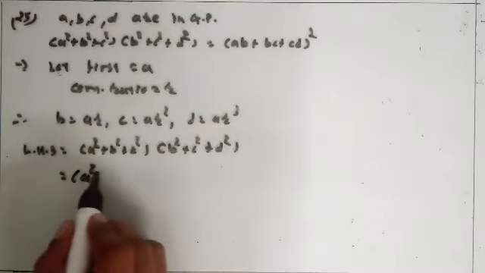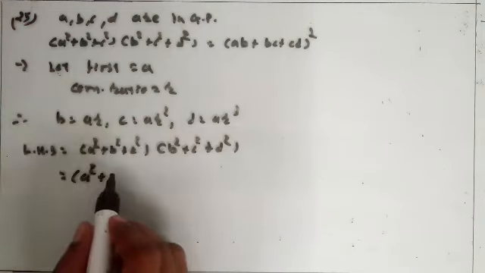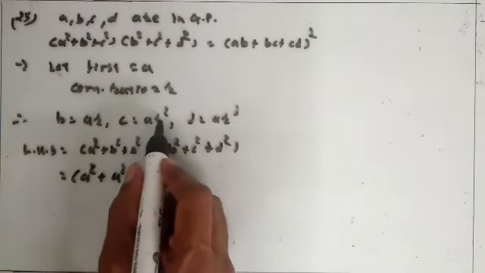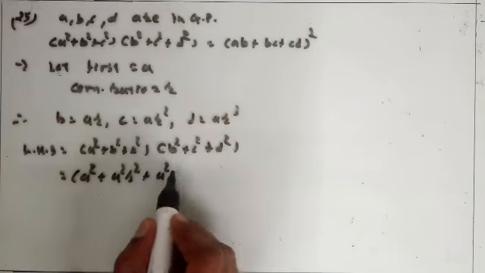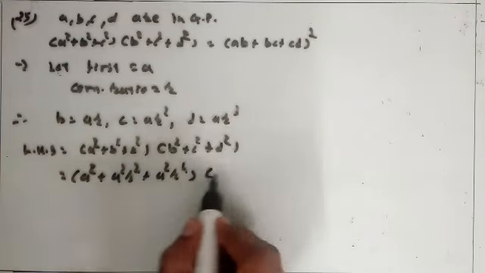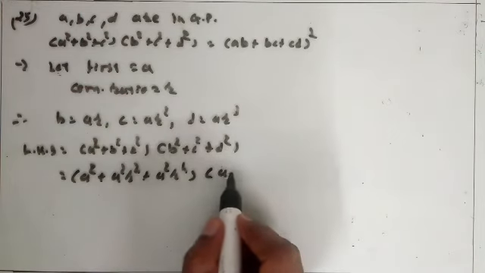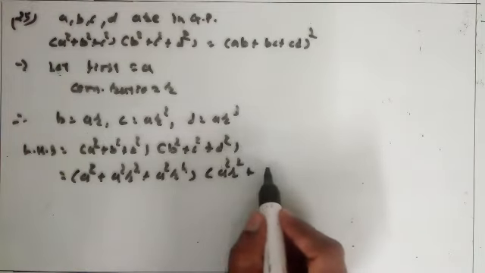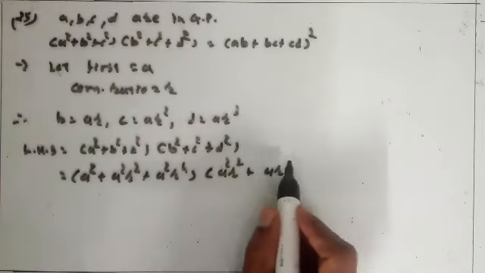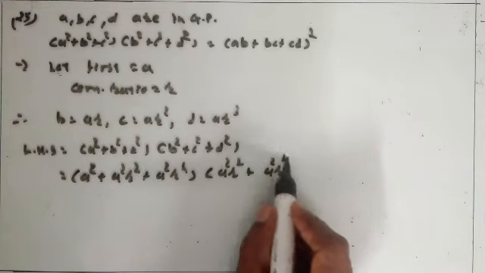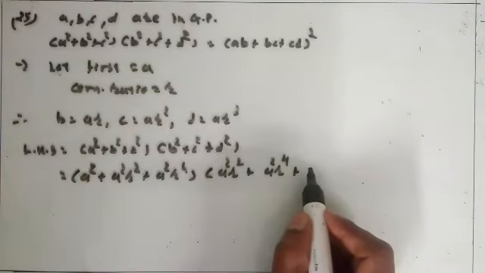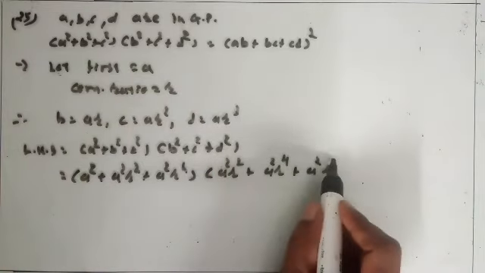We get a square plus b is equal to ar, square of this is equal to a square r square, plus c is equal to ar square, square of this is equal to a square r raised to 4, into b is equal to ar, square of this a square r square, plus c is equal to ar raised to 2, square of this is a square r raised to 4, plus d is equal to ar raised to 3, and square of this is equal to a square r raised to 6.